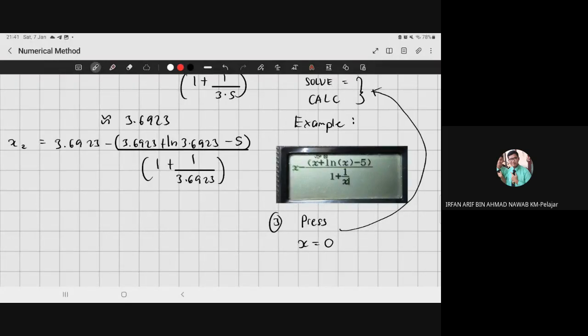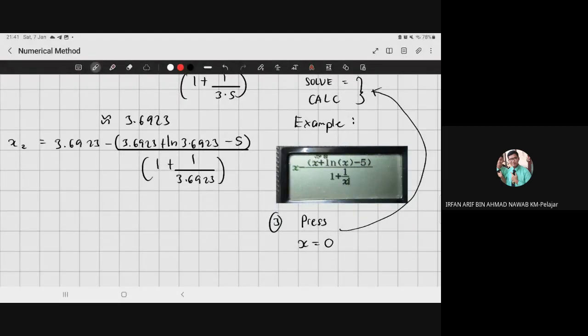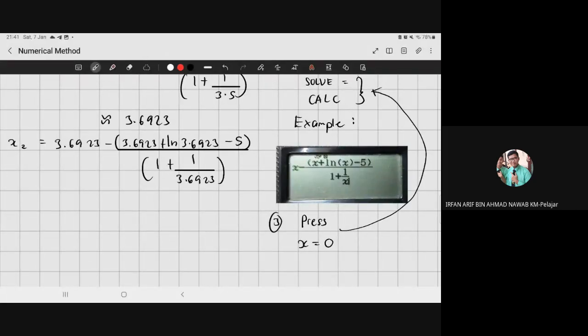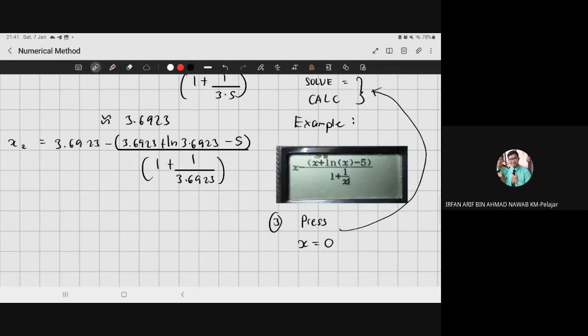That is okay in my opinion. Or a better option is to press calc again, but don't put the value 3.6923; put your previous value, which is Ans. Remember, Ans saves your previous answer, so it makes a better approximation.